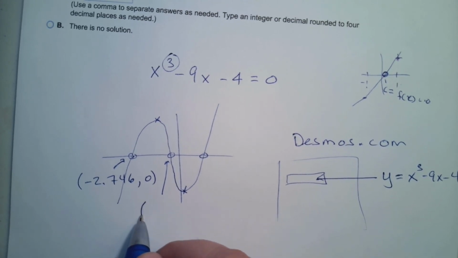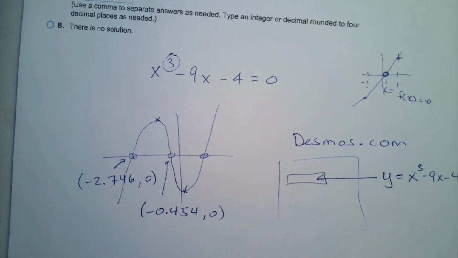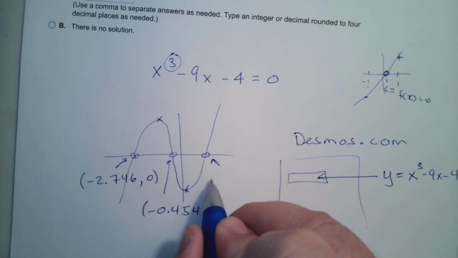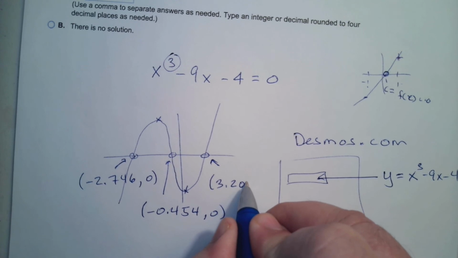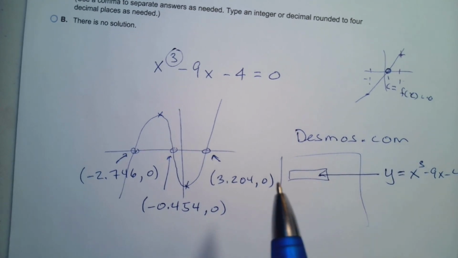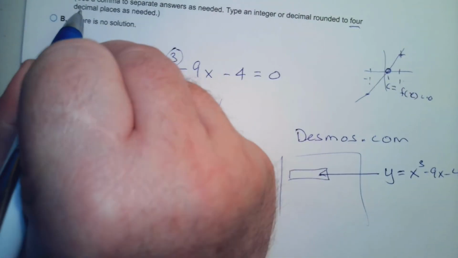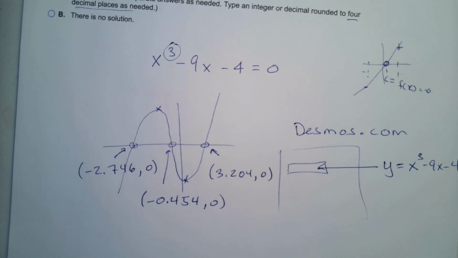That point will give you one value, and this point will give you another. But the problem is it wants 4 decimal places, and Desmos only gives you 3. I don't know if there's a way to increase that.